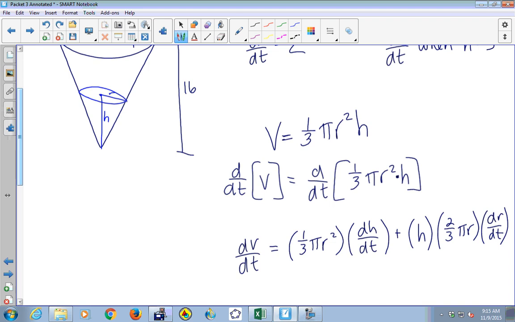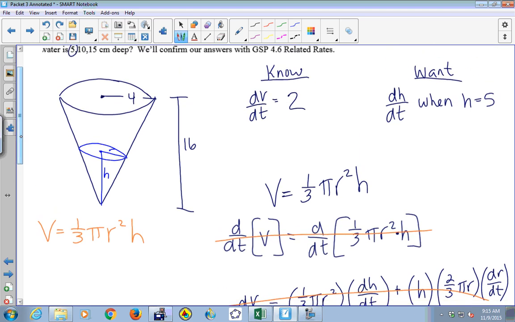So I'm just going to X out what I did already. And I'm going to go back to my volume equation. And I'm going to try to write it with only one variable. Okay, R and H are related to each other. Right. Look at your original picture.